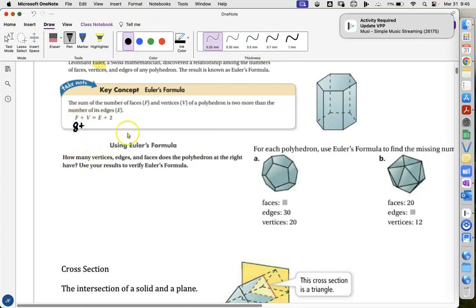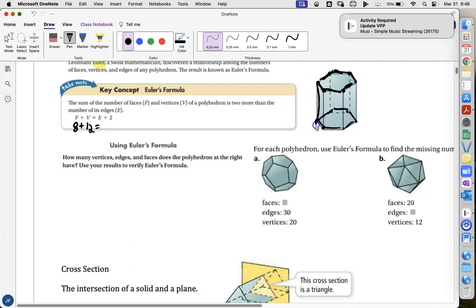Now let's count the vertices. We've got 1, 2, 3, 4, 5, 6 on top, and then the mirror down here, another 6. So we've got 12 vertices. Is that equal to the edges plus 2? If I go 1, 2, 3, 4, 5, 6, there are 6 edges up top and 6 on the bottom, so there's 12 edges total there.